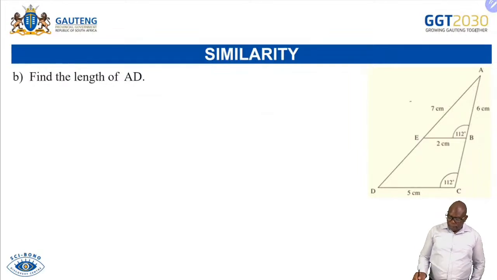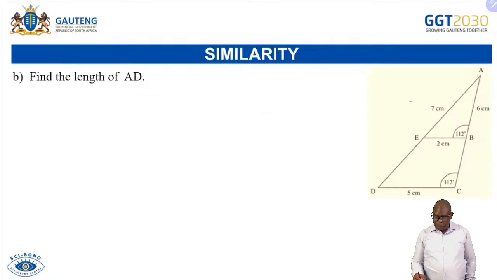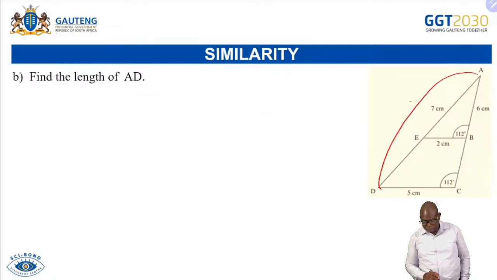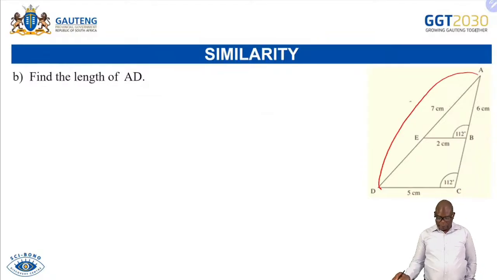Okay, find the length of AD. Now, how am I going to find the length of AD here?